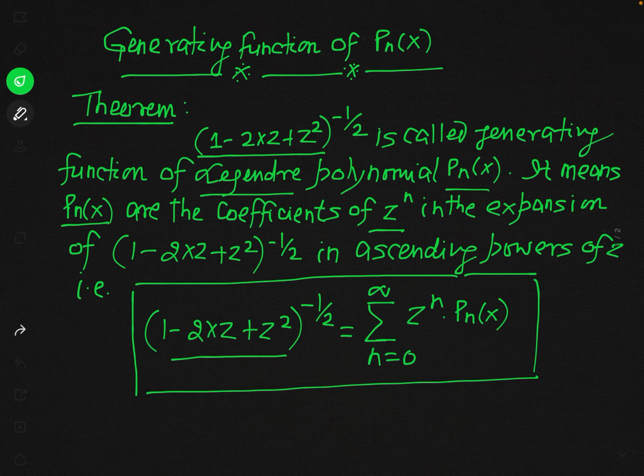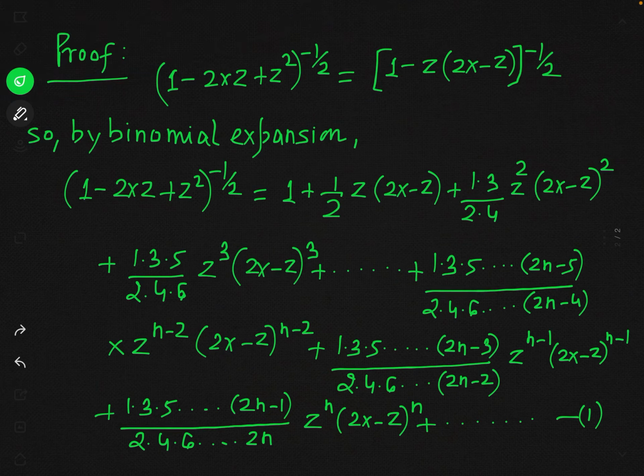So mathematically we write that 1 minus 2xz plus z square whole to the power minus half is equal to summation over n from 0 to infinity z to the power n into Pn of x.